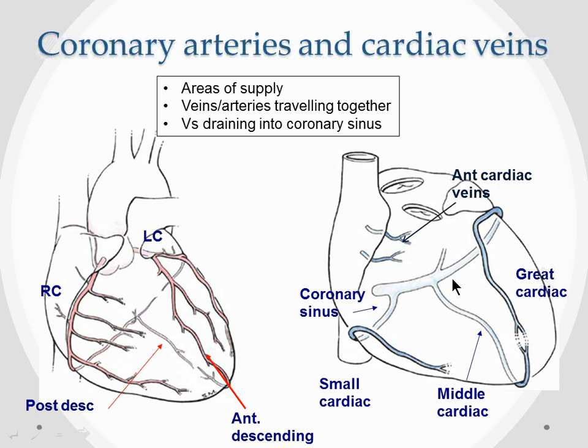So you can see that the coronary sinus is receiving all these major veins. There are other unnamed veins which drain into the coronary sinus. This vein is called the oblique vein of the left atrium. Most of the venous drainage of the heart is through the coronary sinus, which then opens directly into the right atrium. So it's taking venous blood from the heart back into the atrium.